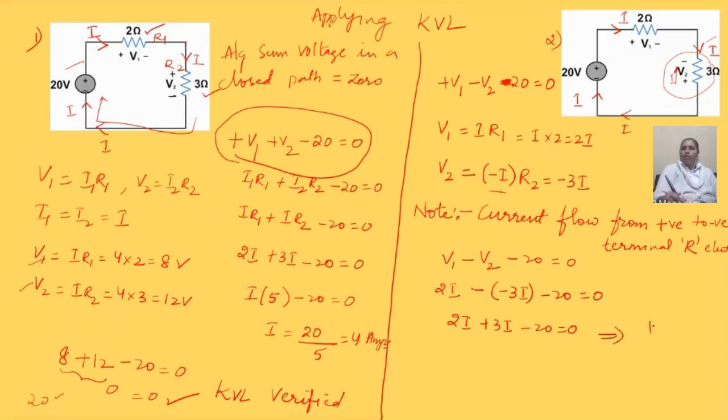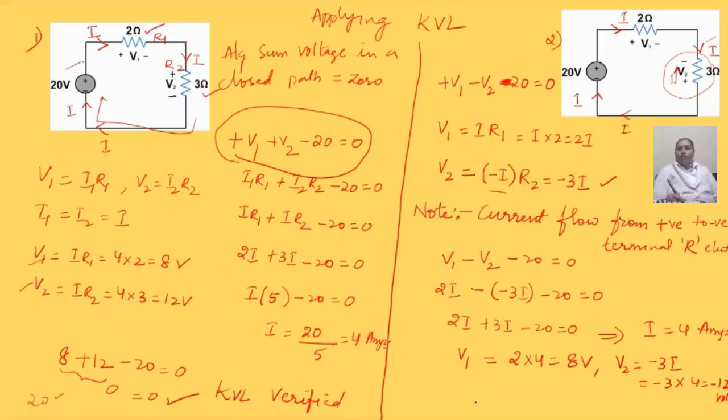That will give you I equal to 4 amperes, same as the previous problem. Now what is V1? V1 is equal to 2 into 4, that is 8 volts, and V2 is minus 3 into I, that is minus 3 into 4, which equals minus 12 volts.